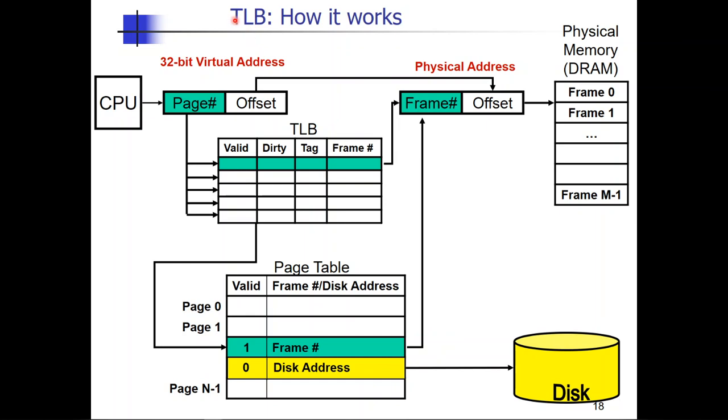So let's see how the translation look-aside buffer works. Some of the things over here you have already seen. For example, the processor, a 32-bit virtual address with 2 fields, a physical address with 2 fields, the physical memory or dynamic RAM, a secondary hard disk, a page table. All of these things you have seen.